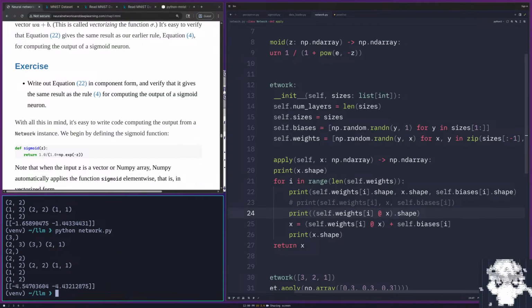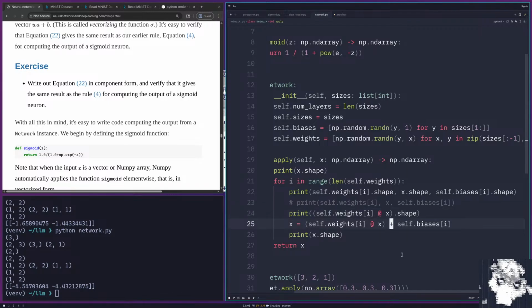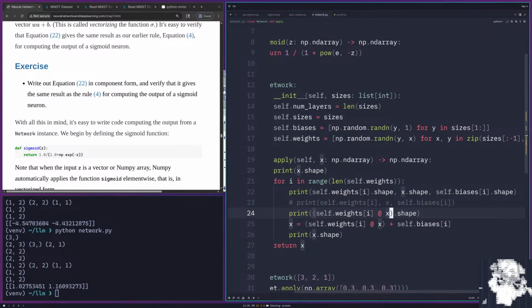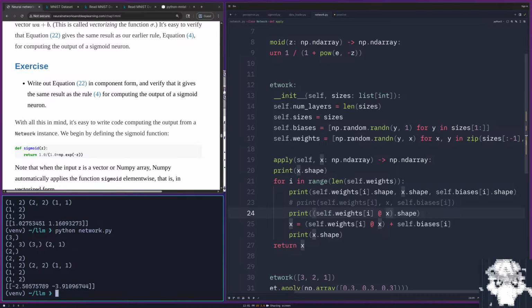That's good. And then if you do plus biases, 2 by 2, that's bad. So doing plus bias screwed it up? A 2 by nothing plus a 2 by 1 became a 2 by 2.